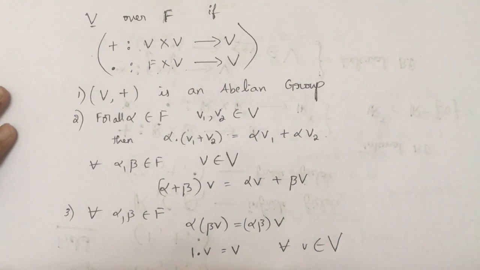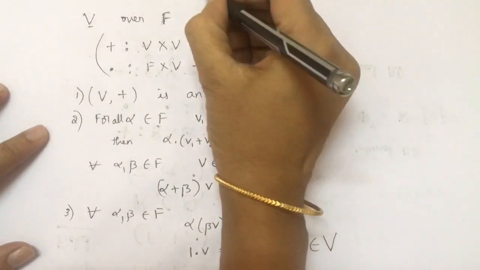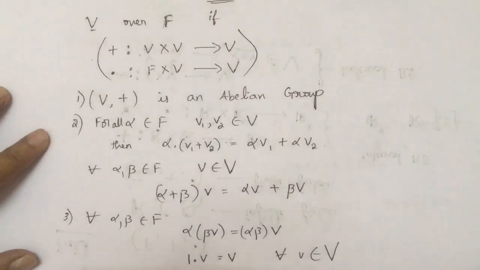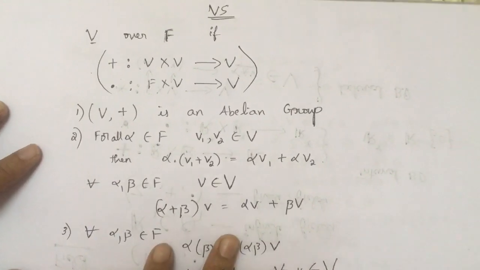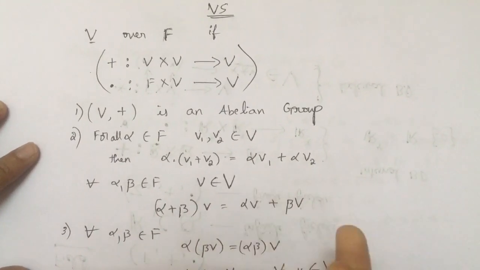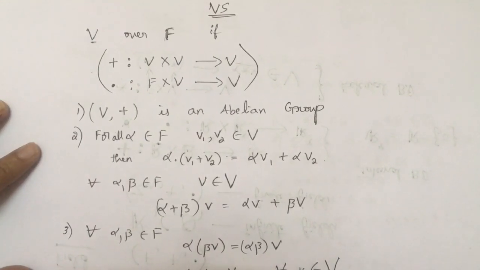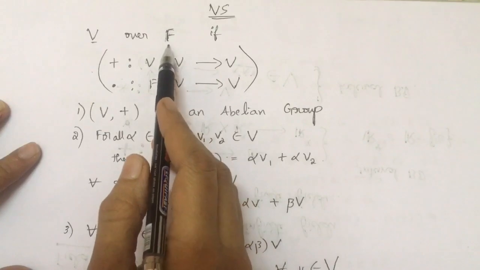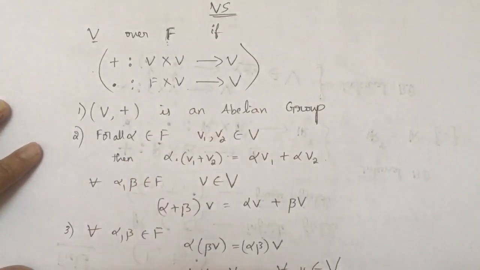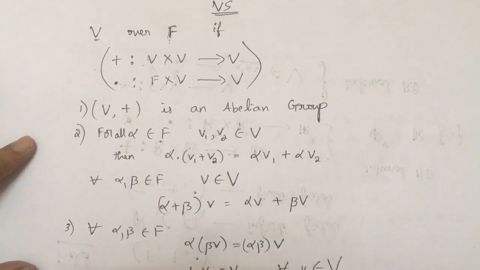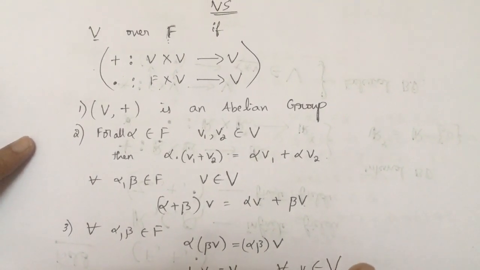So generally, a vector space is nothing but a space of vectors where vectors can be added and can be scaled. The field can be real numbers or complex numbers. Here we deal with the real field.